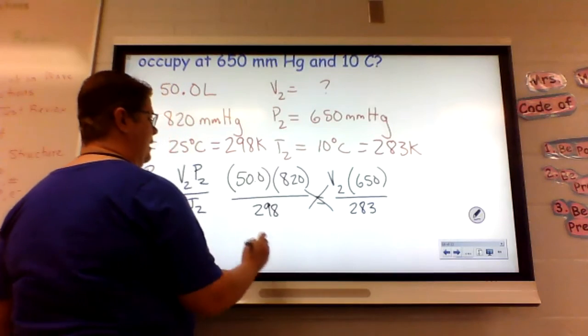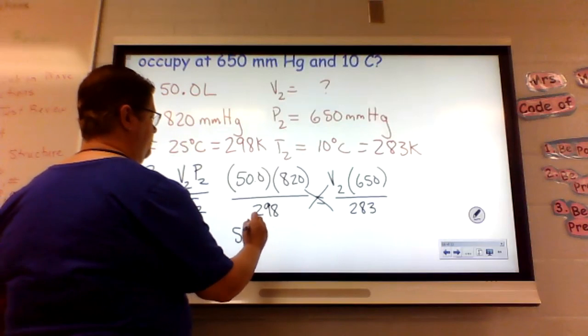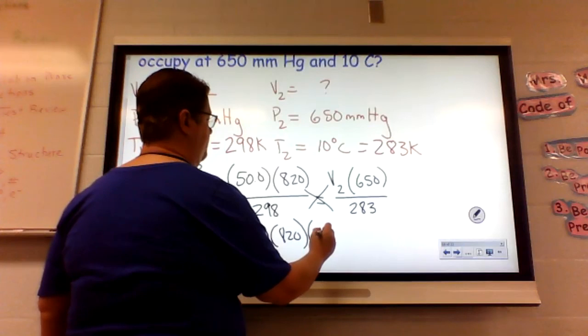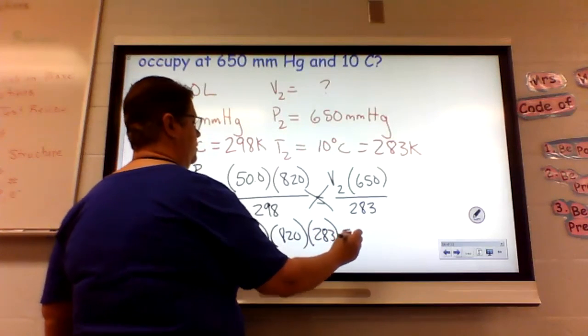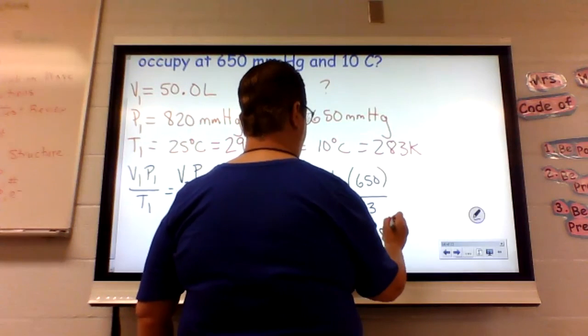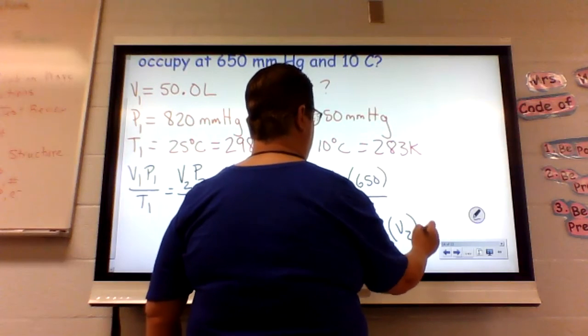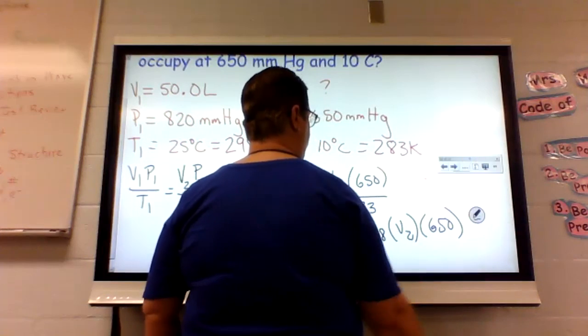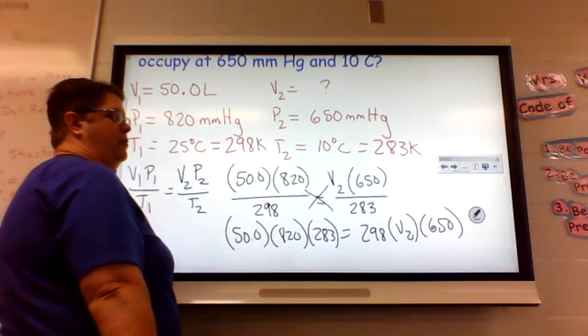So cross multiplying, I'm going to have 50 times 820 times 283 on one side, and 298 times V2 times 650 on the other. To get V2 by itself, this time I have two numbers, so what am I going to do?